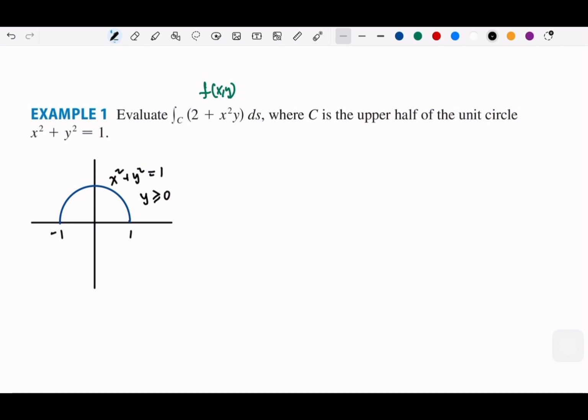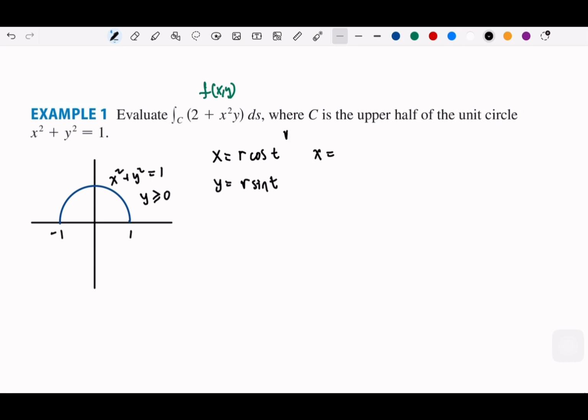And then for a circle, the parametric will be related to polar, right? So if we convert this, the radius is 1, so let me just use t to make it easier.